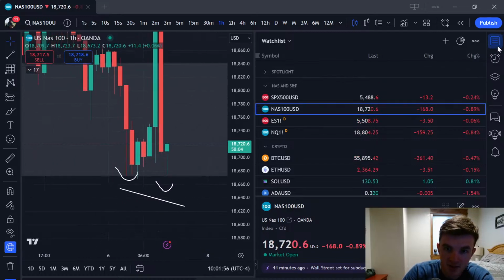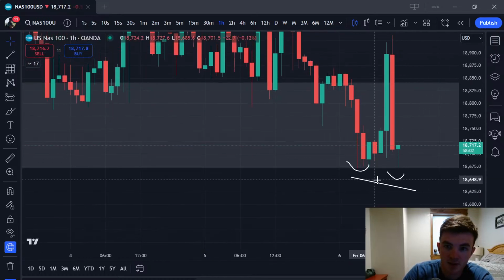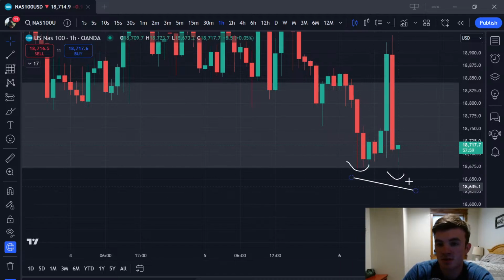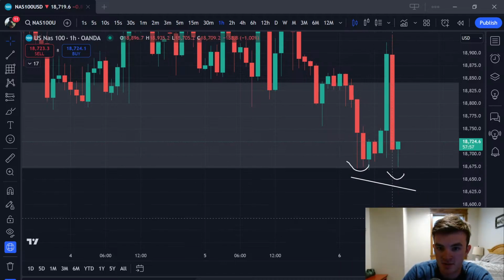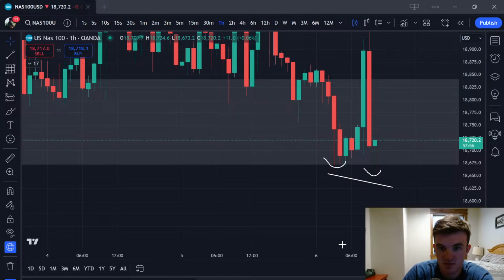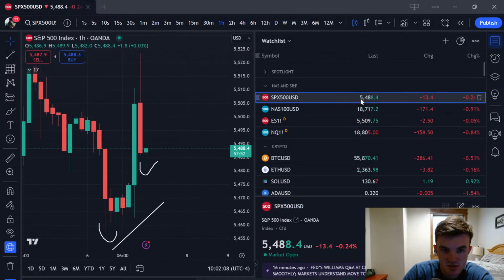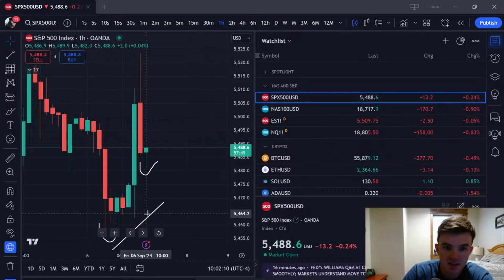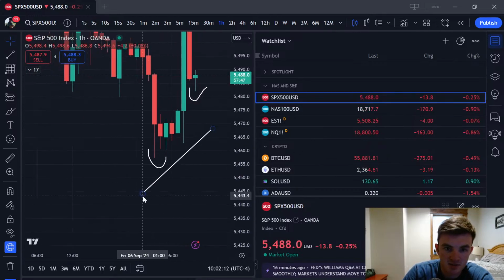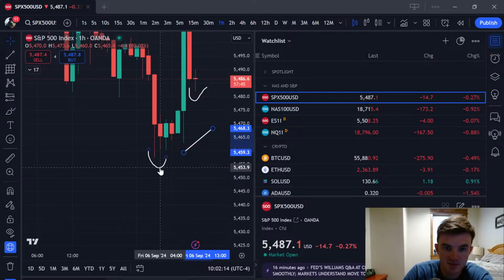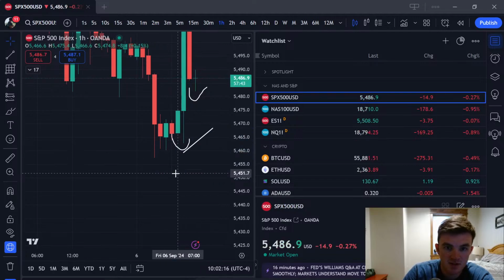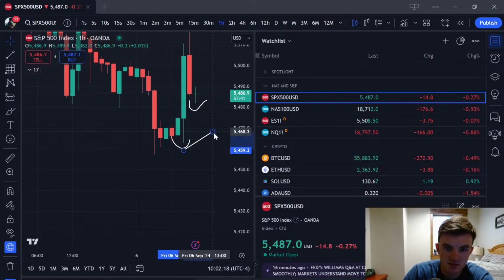But we have not gone in and put in the SMT yet. Now, it is an SMT with this low, so it's kind of, I don't know, it's kind of unclear.